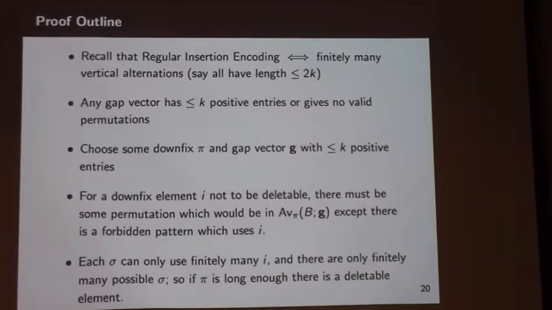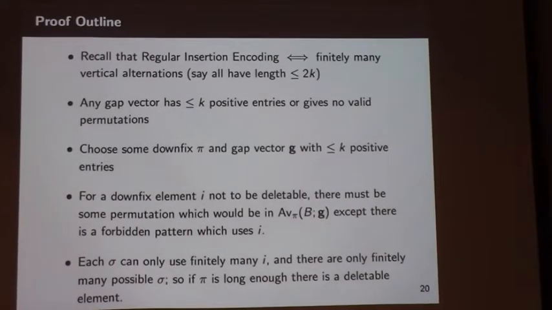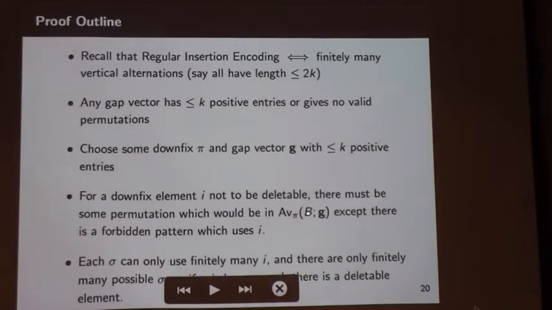But the thing is that each permutation can only witness finitely many I. In fact, each permutation can only witness AI, where A is the length of the longest pattern in this forbidden set.